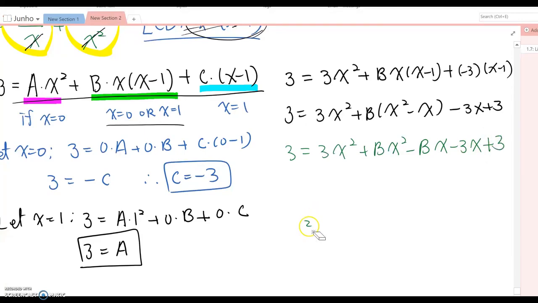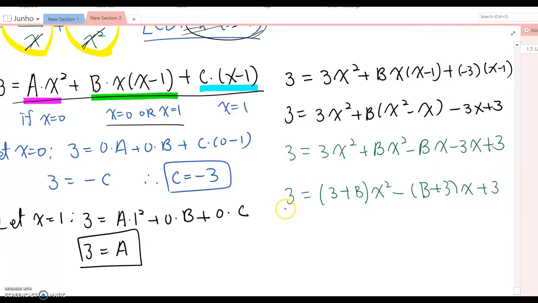So we can rewrite that as 3 equals (3 plus b)x squared minus (b plus 3)x plus 3 here.